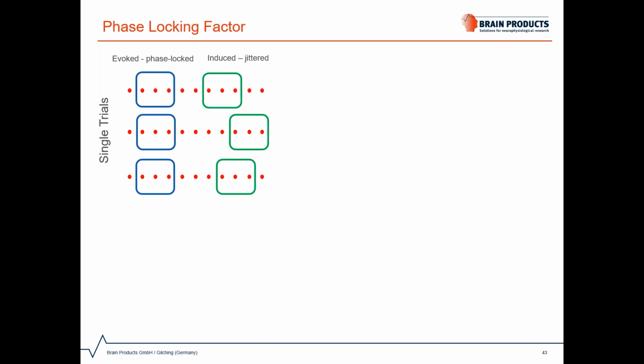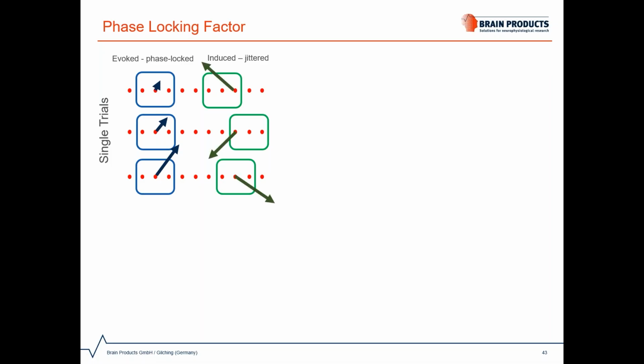Consider an evoked oscillatory response and an induced oscillatory response. In the evoked response, the response is not only locked in time, but also the phases are tightly locked, as indicated by the vectors again that all point in the same direction.